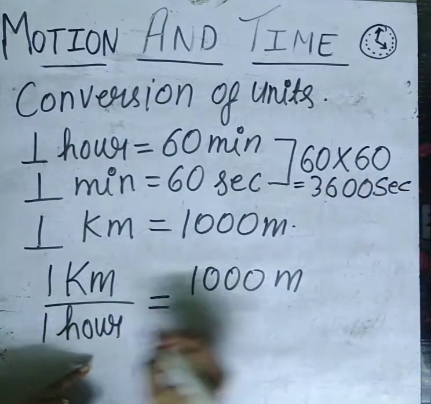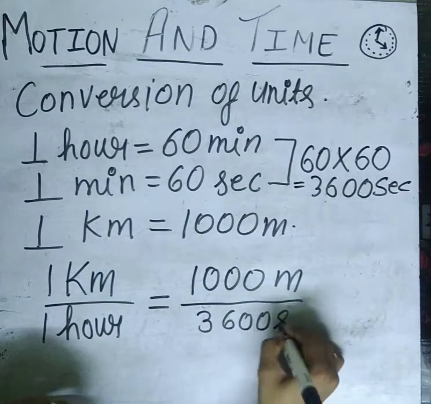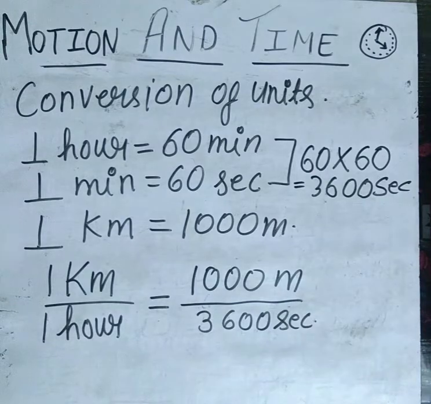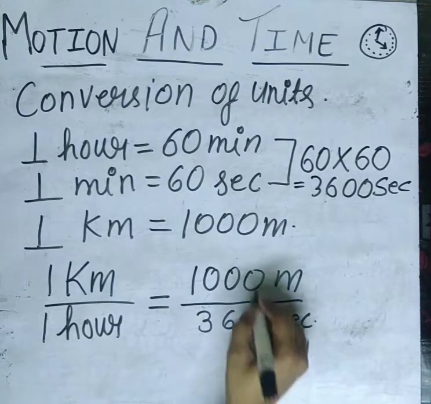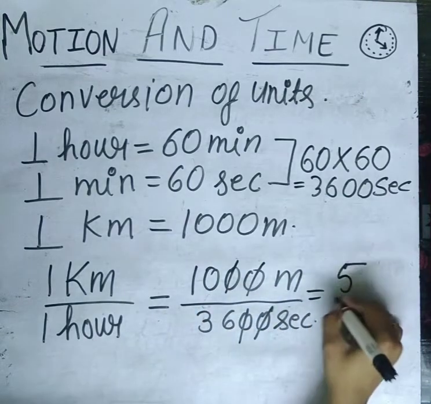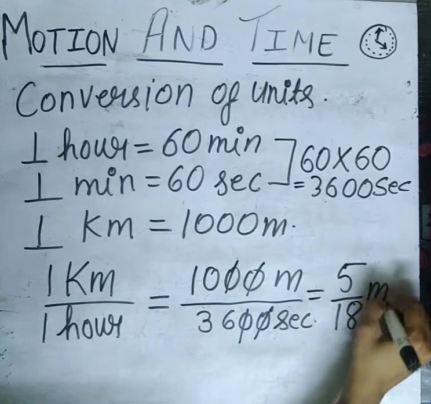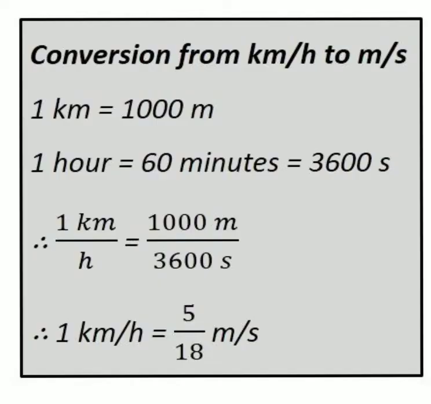Okay. So we will write down in seconds form here, that is 3600 seconds. Then we will cut this off and we will get to know that it would be equal to 5 upon 18 meter per second. So always your 1 kilometer per hour is equal to 5 upon 18 meter per second.